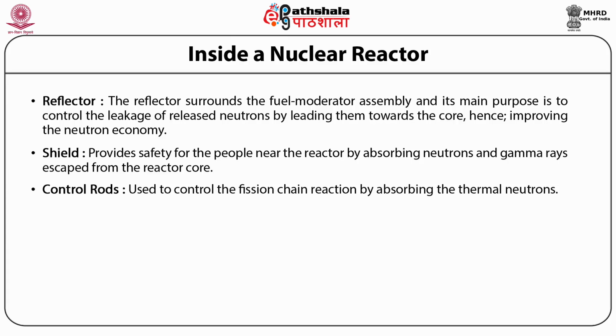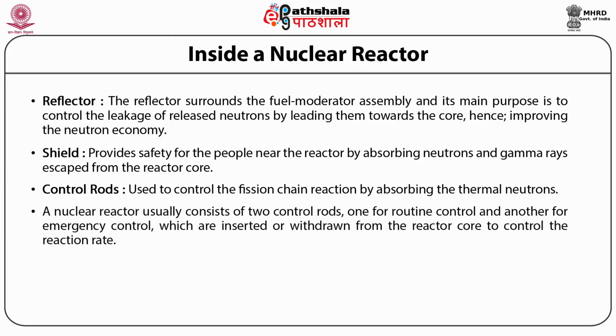Control rods are generally made from cadmium, boron, or hafnium, which are good absorbers of slow neutrons. A nuclear reactor usually consists of two control rods, one for routine control and another for emergency control, which are inserted or withdrawn from the reactor core to control the reaction rate.